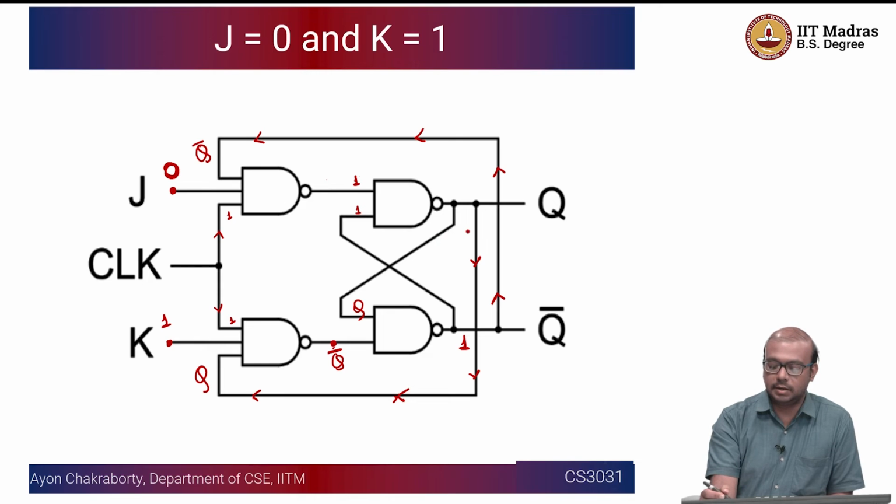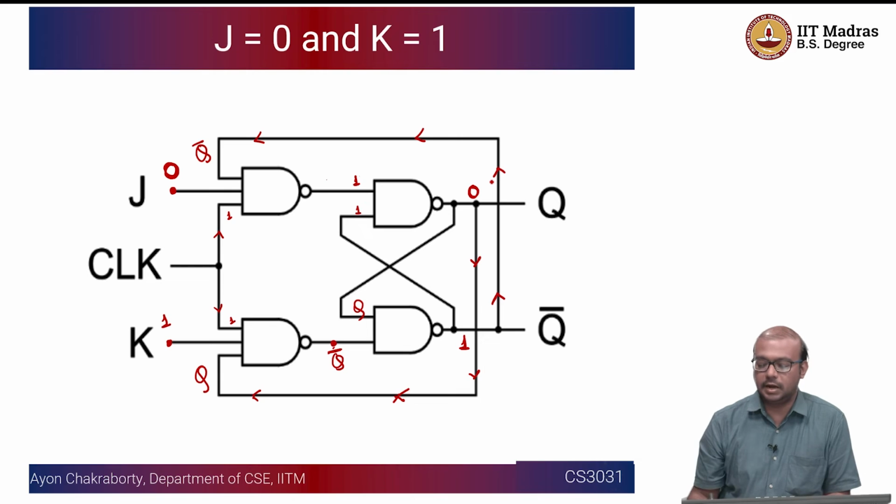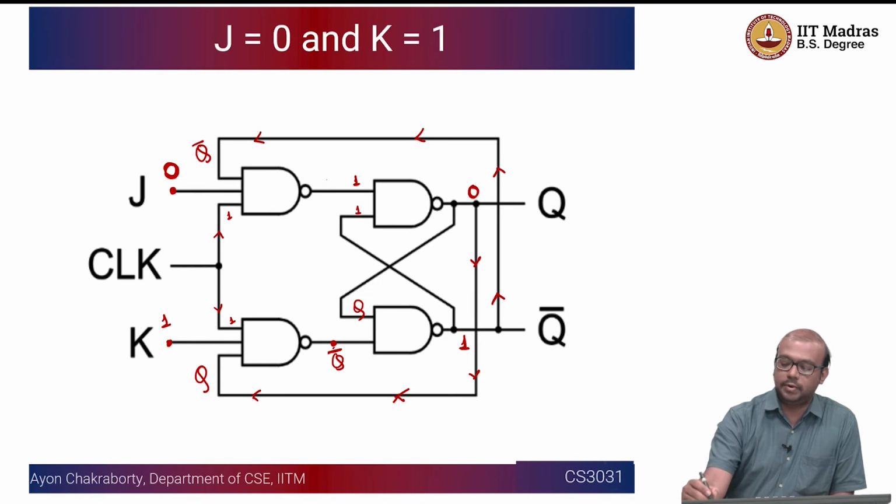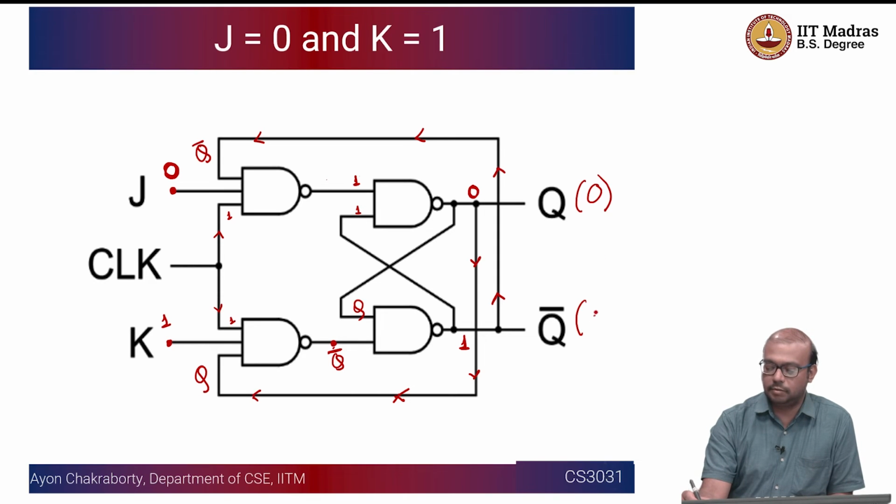So 1 and 1, the output is 0. So in this particular case, as you can see, if J is equal to 0 and K is equal to 1, the output for Q is going to be 0 and Q bar is going to be 1.